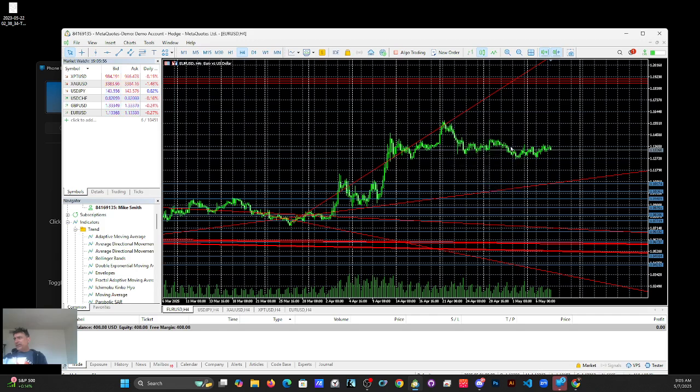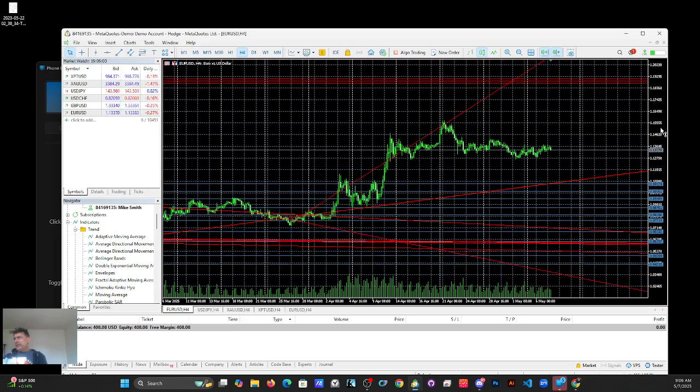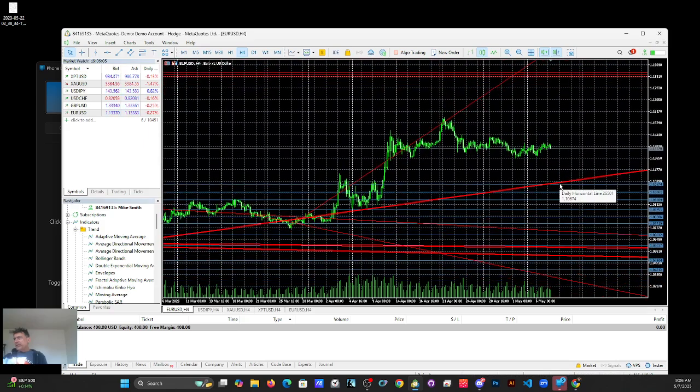So then we can see the price is heading down here. Now, as far as these two regions are concerned, this is now the reward region, and this is the target, and this was the risk. But as far as these two regions are concerned, this is still the risk region, and this is the reward region.